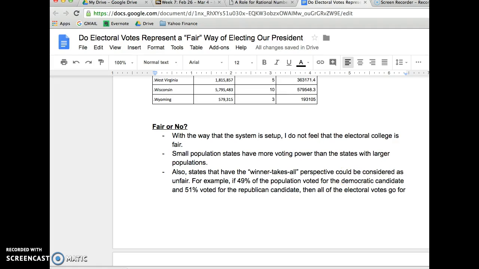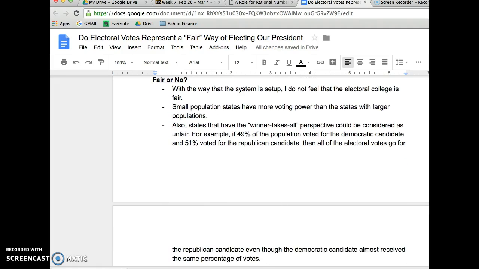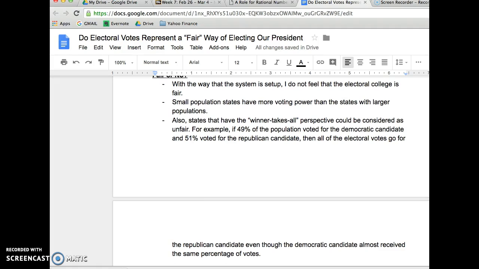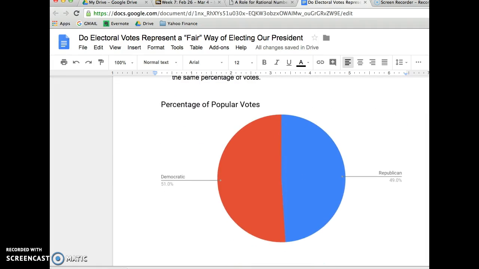The other thing to note is this winner-takes-all methodology, because if 49% of the population voted for a Democratic candidate and 51% voted for a Republican, then all of the electoral votes would go to that Republican candidate, even though the percentage was very close. So I showed a little diagram of this.